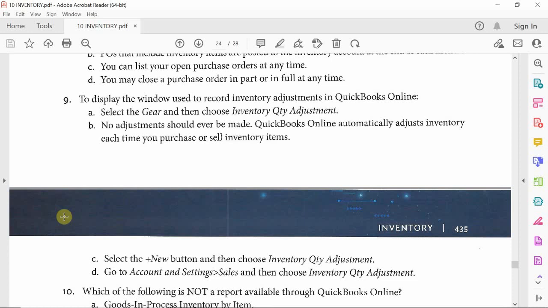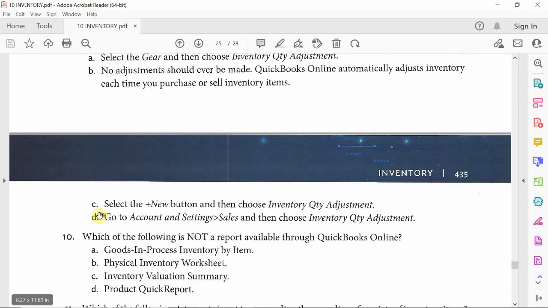Basically, it's asking which form you need to go to. You do the plus new button, and you're going to choose letter C, right? And you're going to click on inventory quantity adjustment, correct?